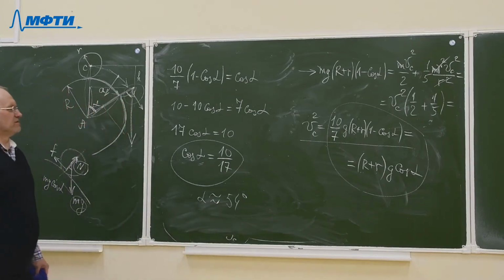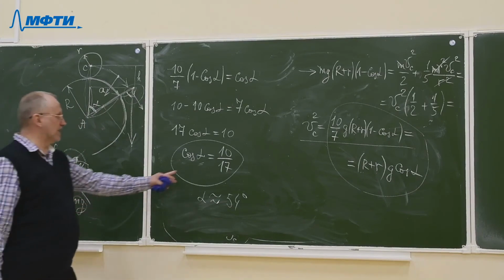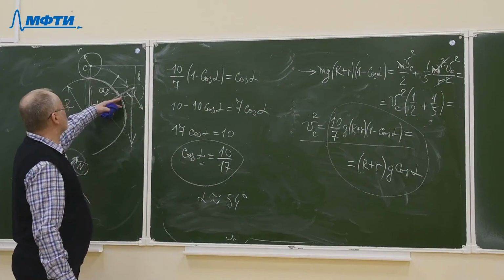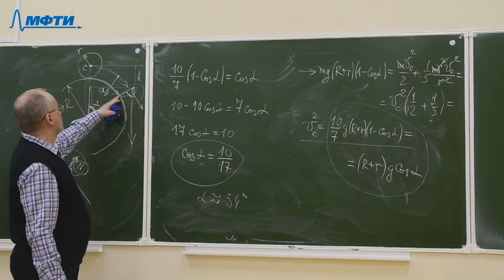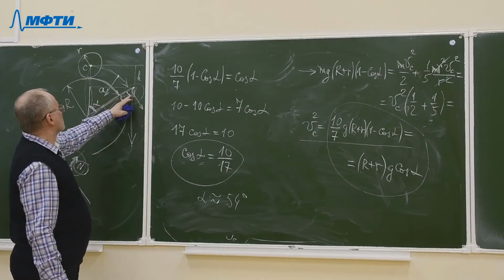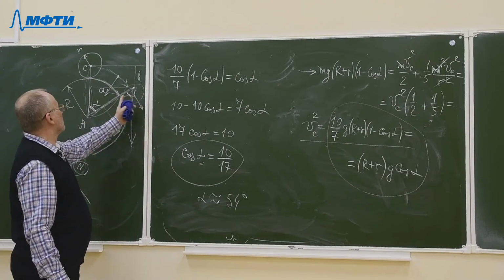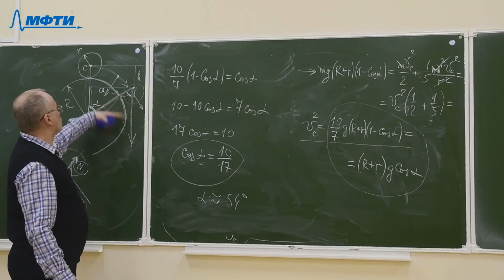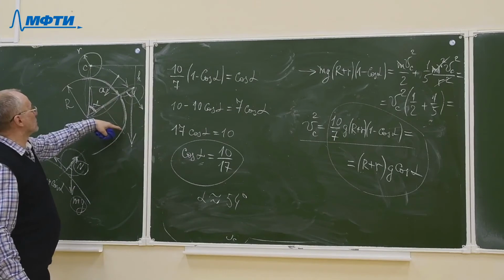So we have found the angle, the position of the small sphere at which it will disconnect from the cylindrical surface.